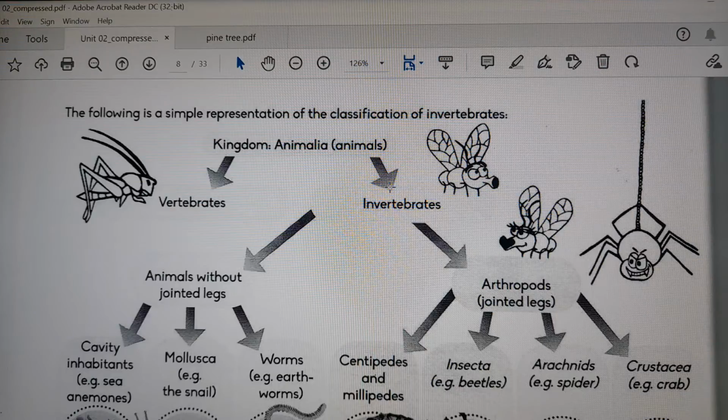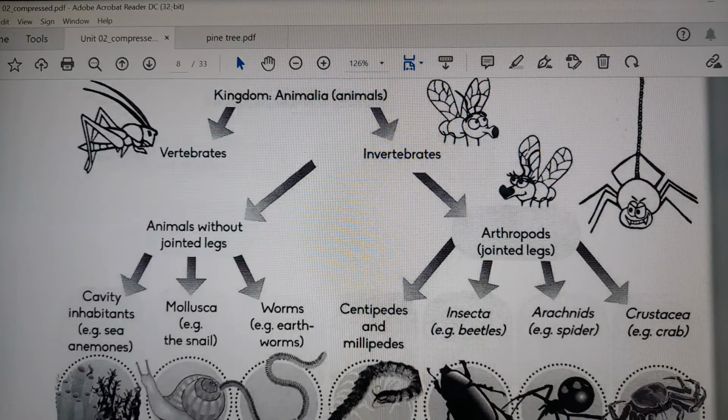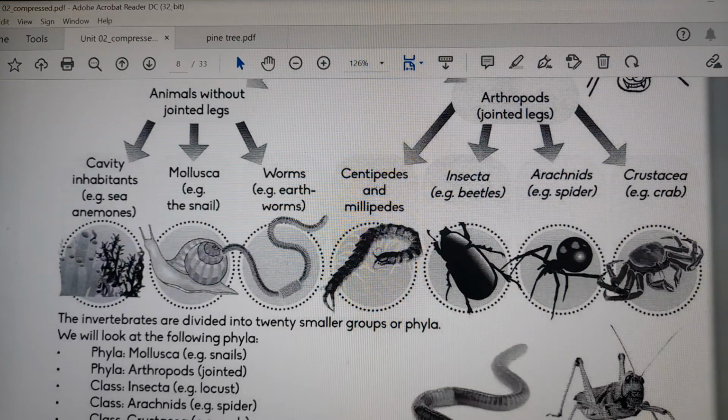Under invertebrate animals, we have animals without jointed legs, and animals with jointed legs that are called arthropods. Please remember that.